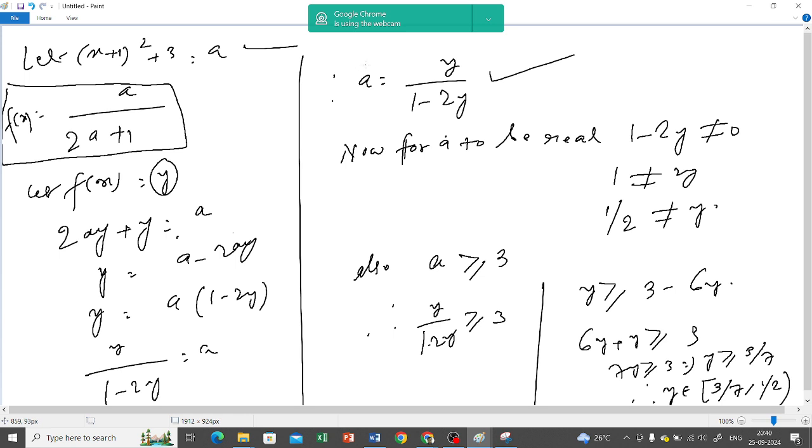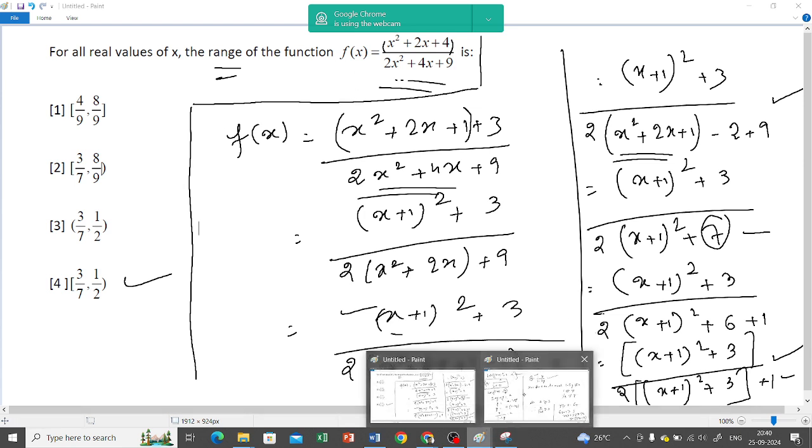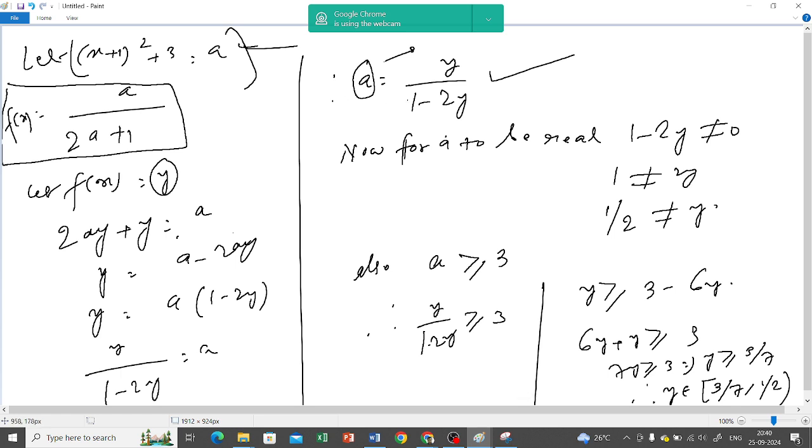Now see, for a to be real, a is this thing. A has to be a real number. I have to choose certain values for which this a becomes real. In every function related sum, the value of f(x) should always be real, the value of x should always be real. So here a should also be real.